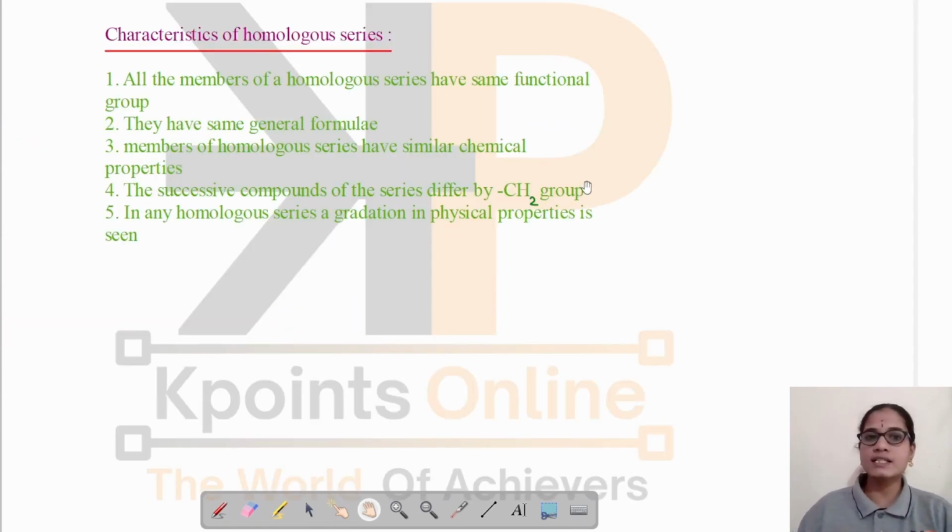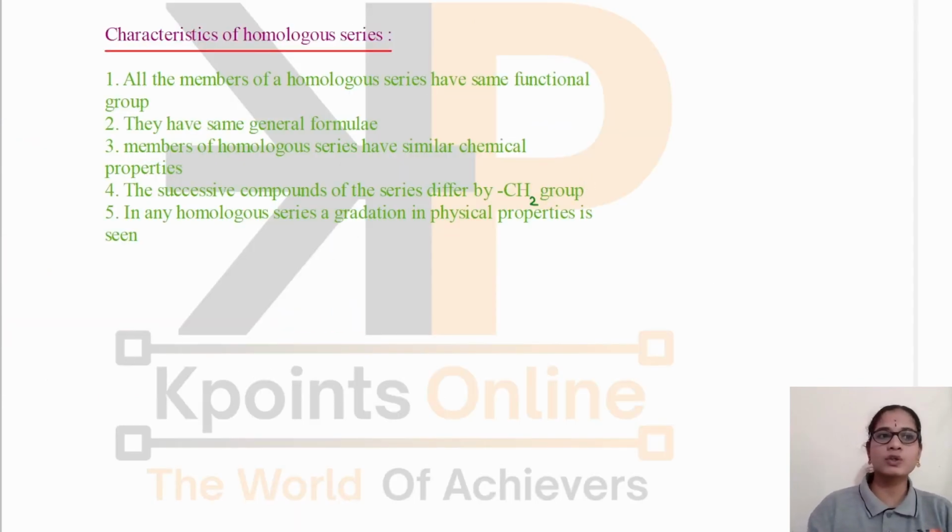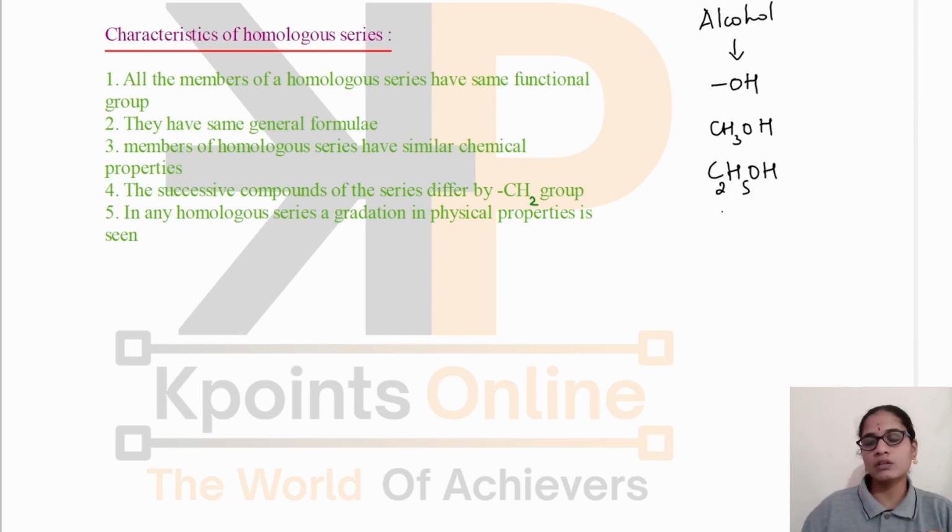Now let's see the characteristics of the homologous series. All the members of a homologous series have the same functional group. If I take the series of alcohols, all the alcohols have the same functional group, that is OH. And irrespective of the chain length, they have similar chemical properties. You can take methanol, ethanol C2H5OH, or propanol.